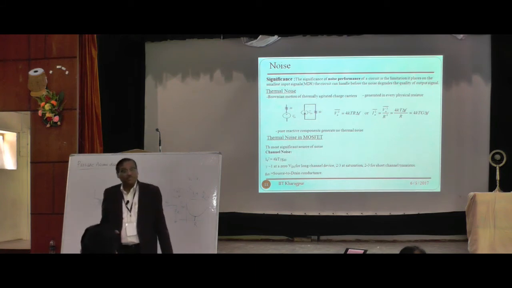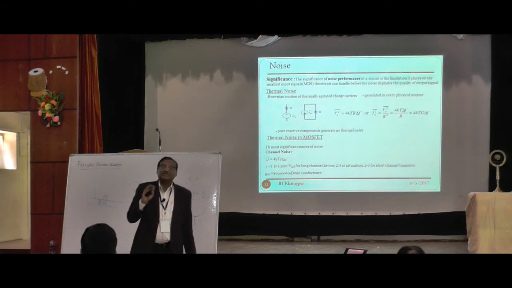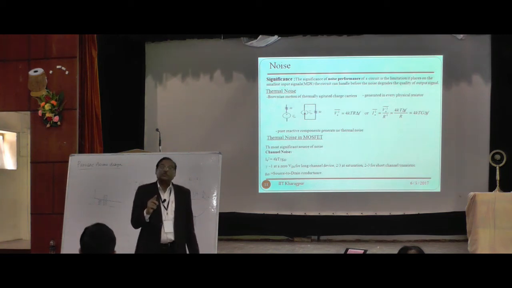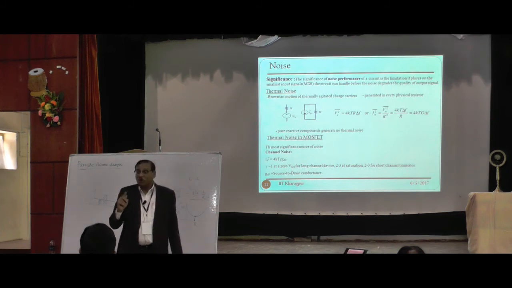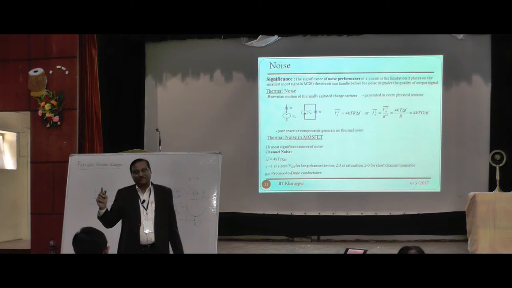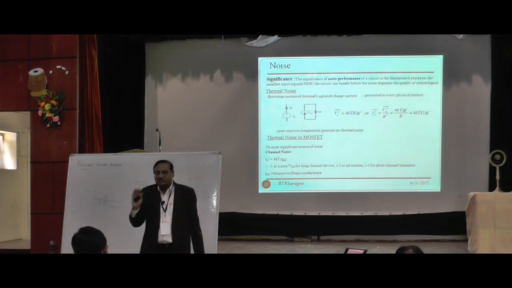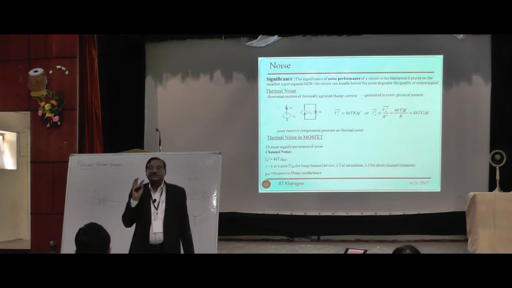What is Vn bar? It is the average voltage. Remember that it is Vn bar squared, the mean square voltage, which is equal to 4kTR delta F. Delta F is the bandwidth. When you do not consider delta F, it is the noise spectral density per unit bandwidth, delta F equal to 1.